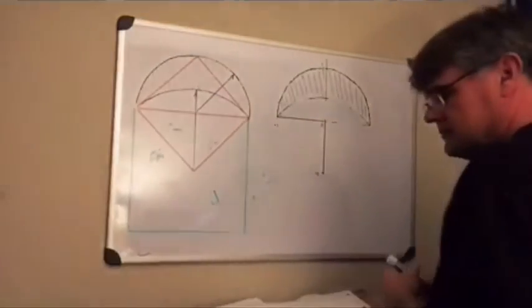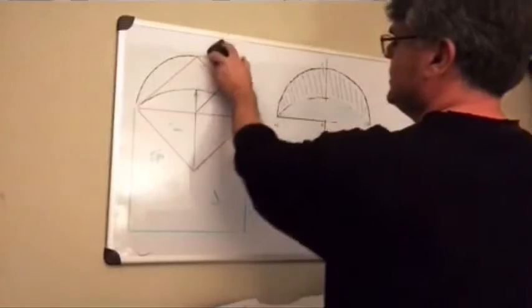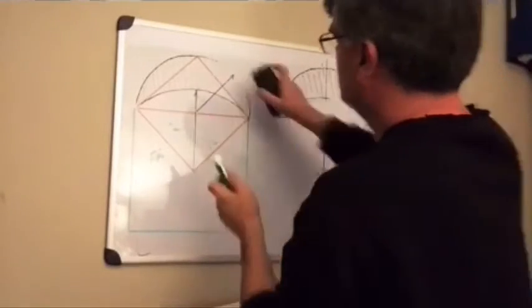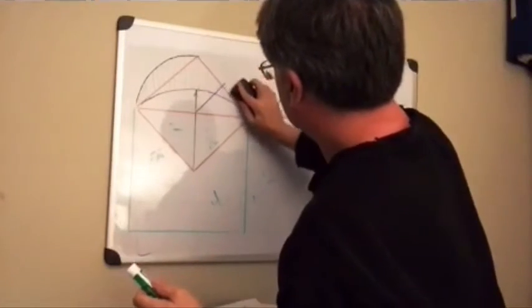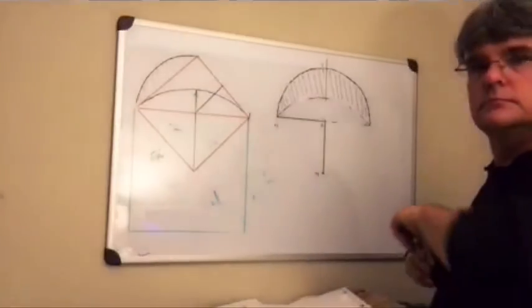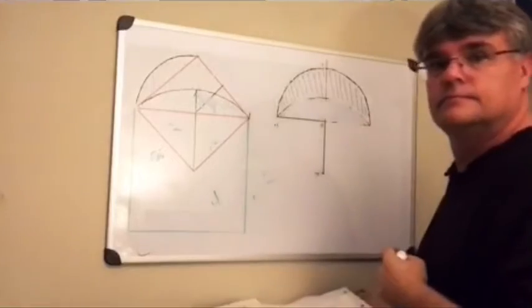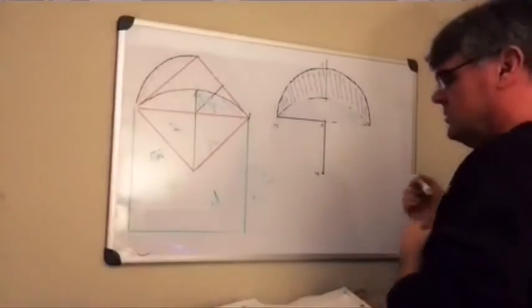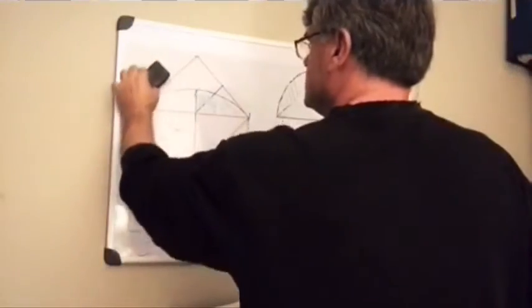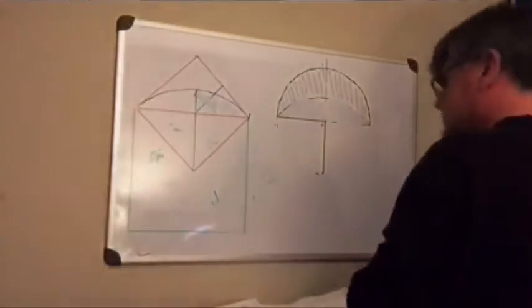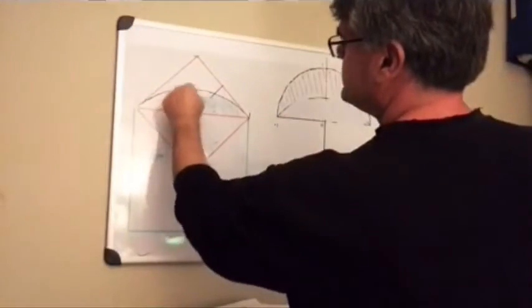And if I do that, let's say if I take this part right here, and I put it in here, and I take this part right here and I put it in here.